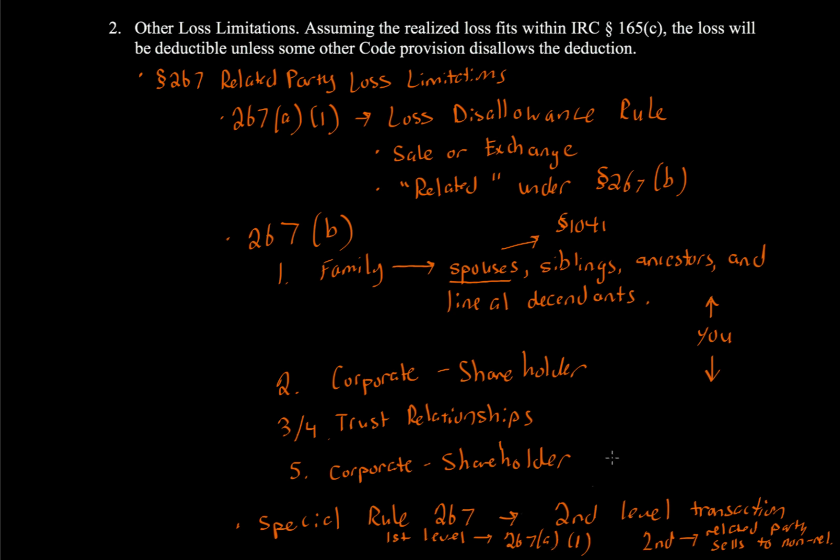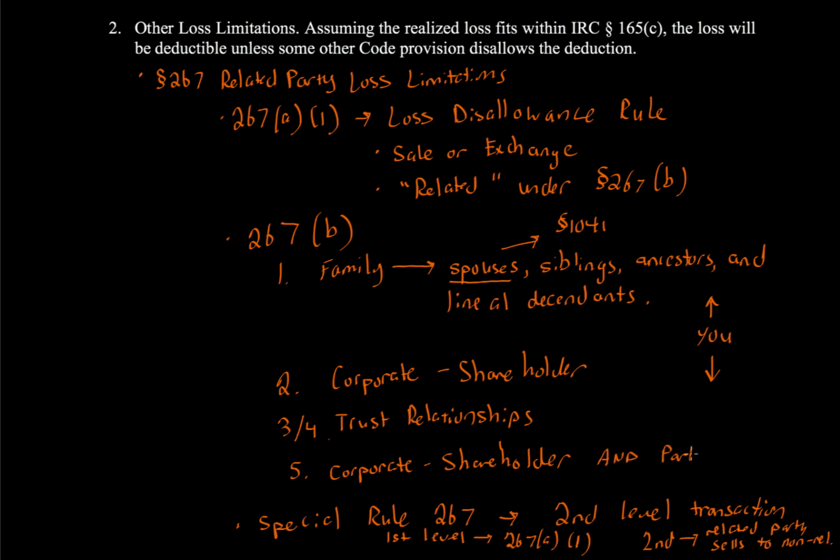So why do we have related party rules? Because in tax, there's this idea of economic units, especially spouses. Husband and wife are viewed economically to own the same property, to control the same property. The same thing with various family members, trust relationships, and corporate shareholder and partnership relationships.